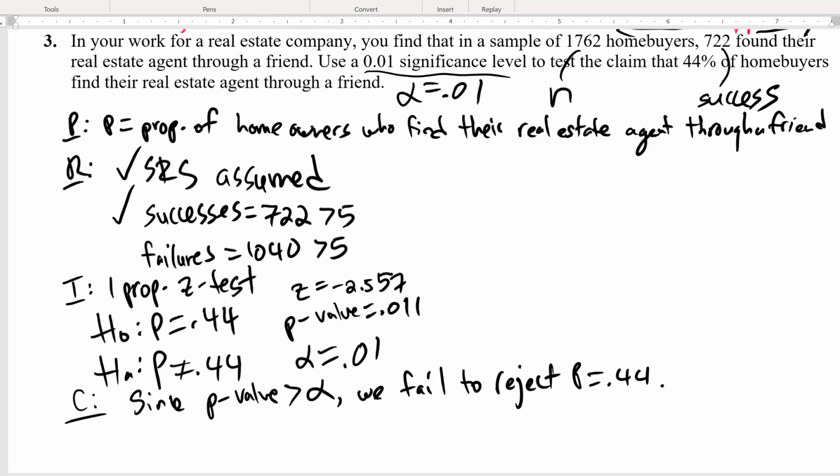We get to conclude nothing. We have insignificant results. This sucks.